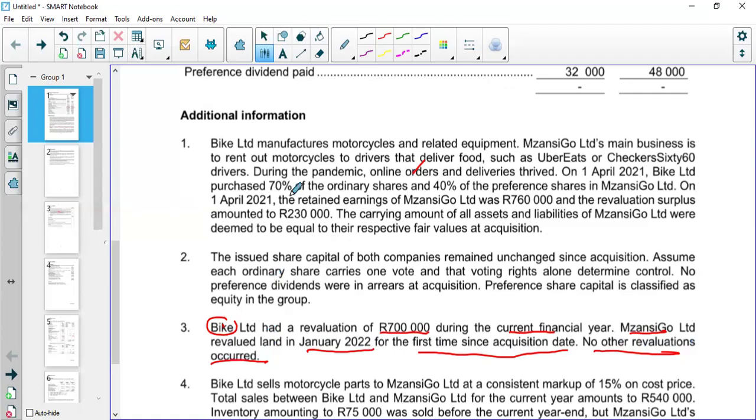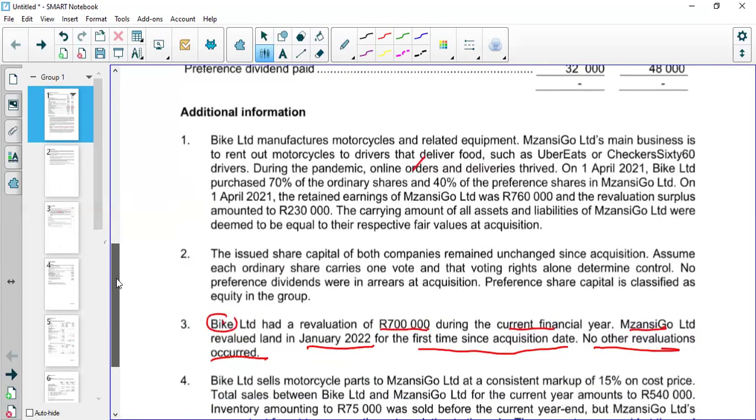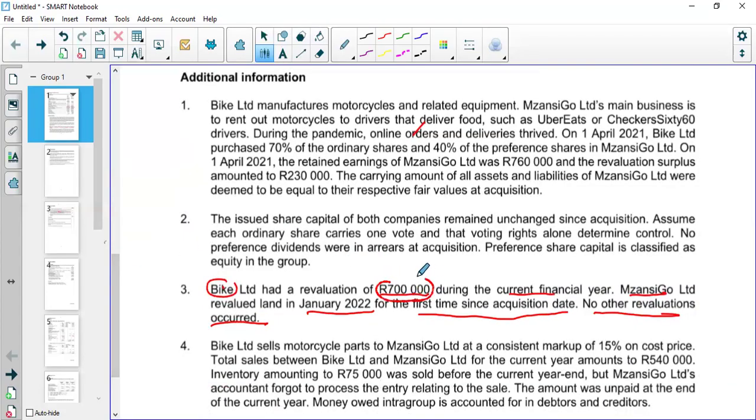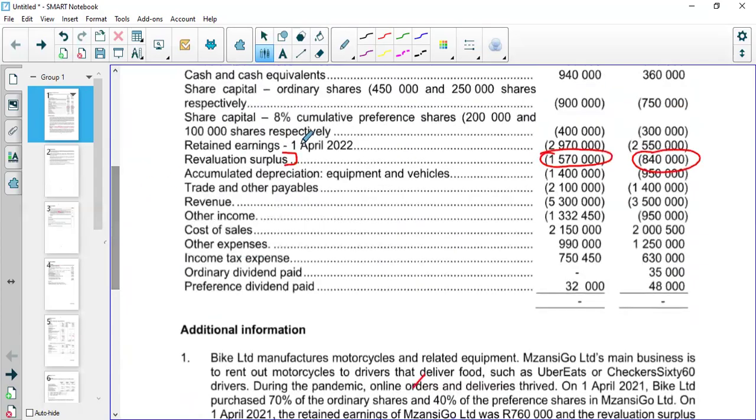So what we're going to do is we need to look at the subsidiary. So we've been told how much was the revaluation surplus of the parent during the year. So it's 700,000. So we have a balance here. It doesn't show you that it's at the beginning because the revaluation has been done. So this will be a balance at the end of the year, 1,570.